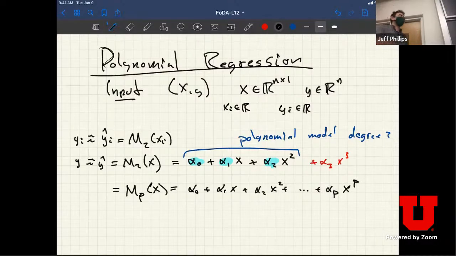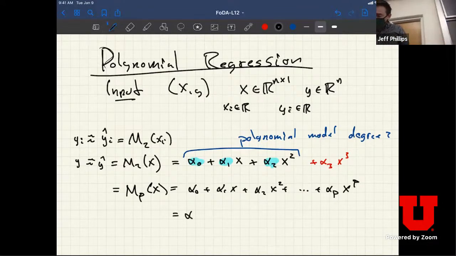So I can make this as complicated, a higher and higher degree polynomial, as I want. If it was any polynomial function where the maximum degree of any of the x values was p, even if I wrote it with parentheses and multiplied stuff together, I can always simplify it into this form. So it's sufficient to solve in this form.